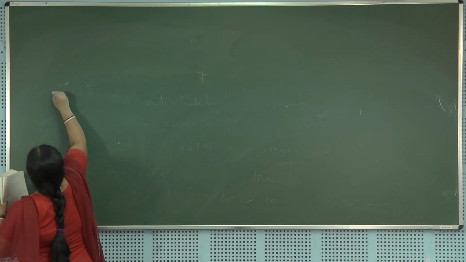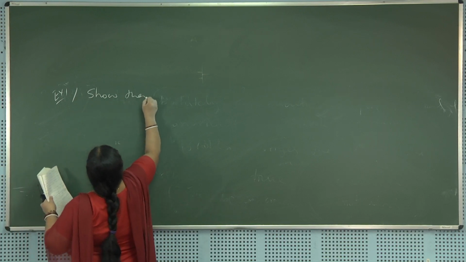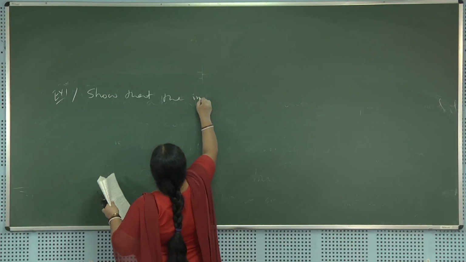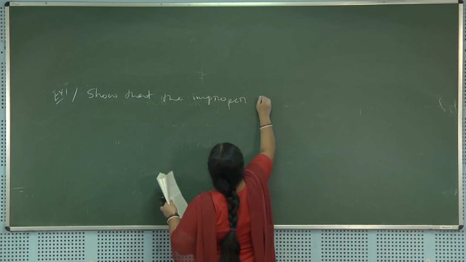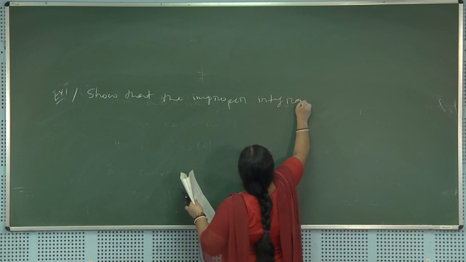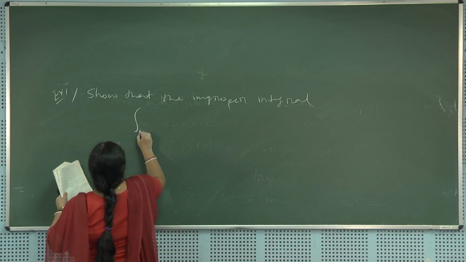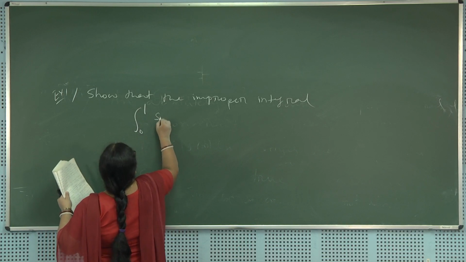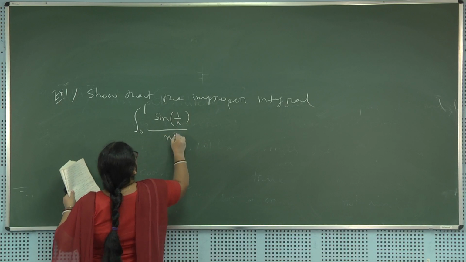Exercise. Show that the improper integral, integral 0 to 1 of sin(1 upon x) upon x to the power p dx.